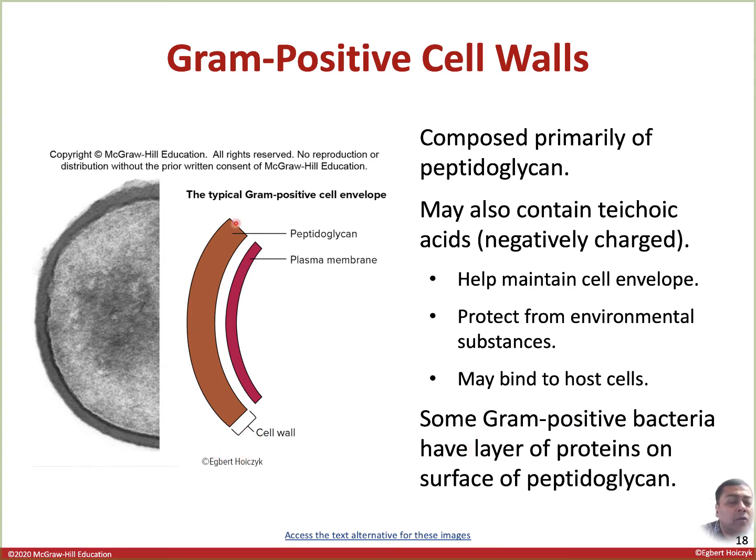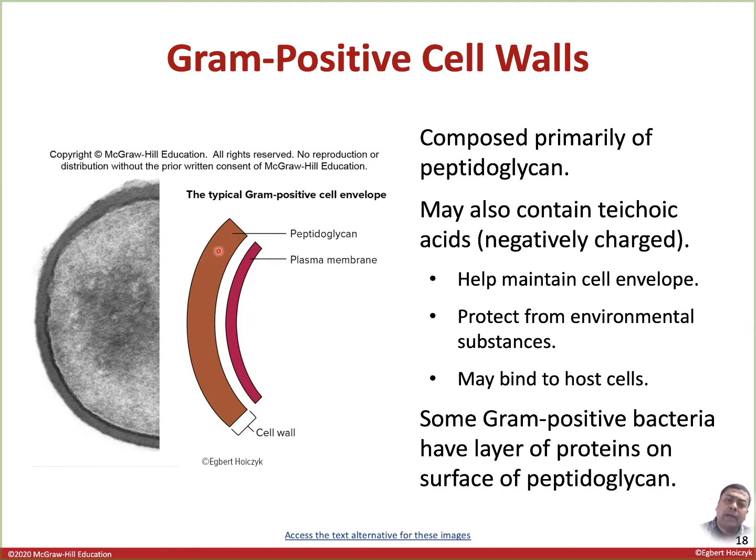So if we are looking at the gram-positive cell wall, right here, this is the cell, this is the plasma membrane, and you have a periplasmic space after that, and then you have the thick peptidoglycan layer. Now, the teichoic acids are present only in the gram-positive bacteria, not in gram-negative bacteria.